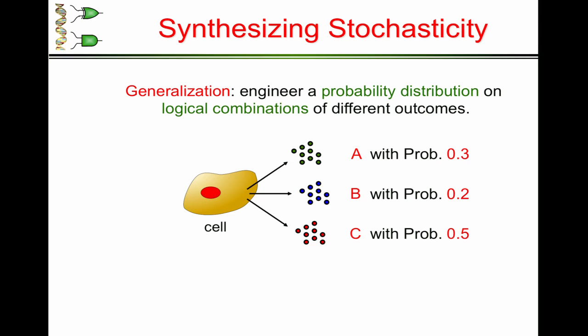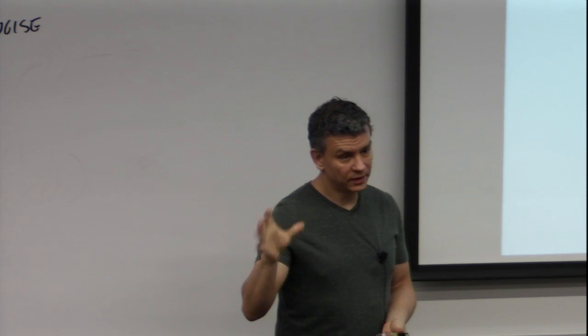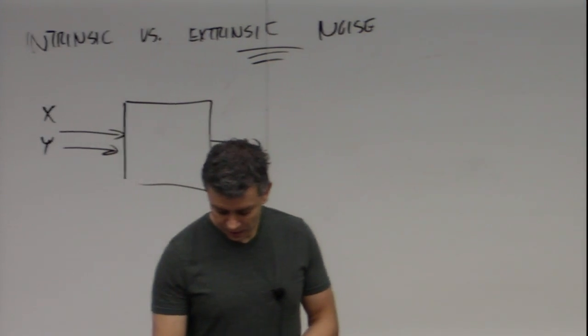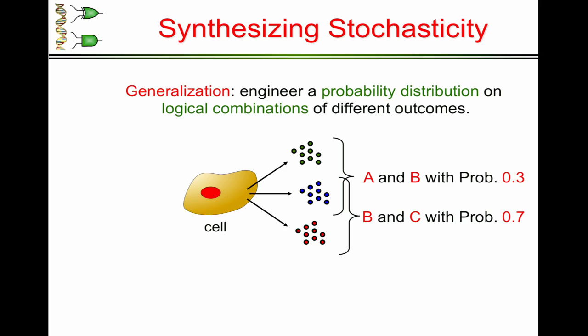Or we could have logical combinations, so getting more sophisticated. Produce green puff and blue puff, or produce blue puff and red puff. But in each case, we're not trying to control the amount of green or the amount of blue. It's either a puff or no puff. And the further generalization, and the important one here, is that we don't want these probabilities to be fixed.